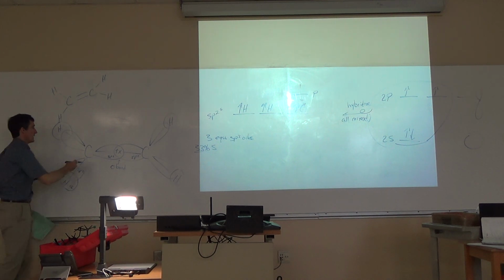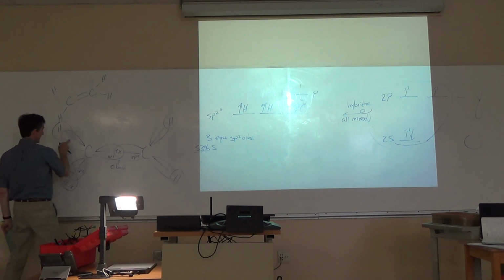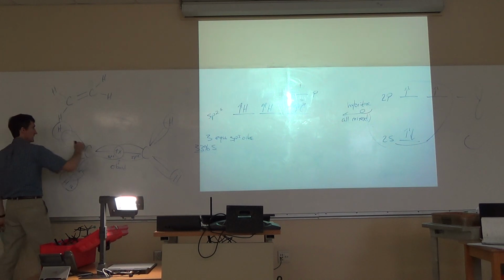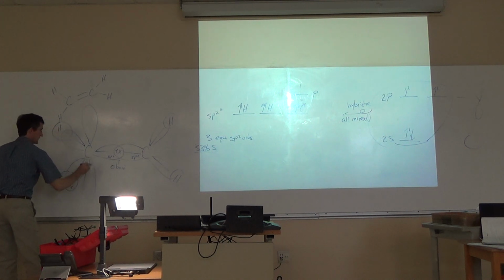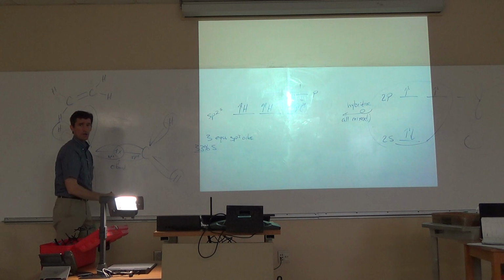Okay? What's a P orbital look like? Well, it's a P orbital. Kind of like that, but I'm going to draw it longer to distinguish, because we know the P orbital should be longer than this hybrid, because this has some S character, right? Exact same carbon over here.